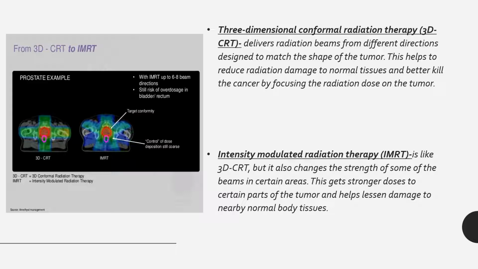It's like 3D CRT, but it also changes the strength of some of the beams in certain areas. This gives stronger doses to certain parts of the tumor and helps lessen damage to nearby normal body tissues. And over here in this image, you can see how they have compared 3D CRT to IMRT.